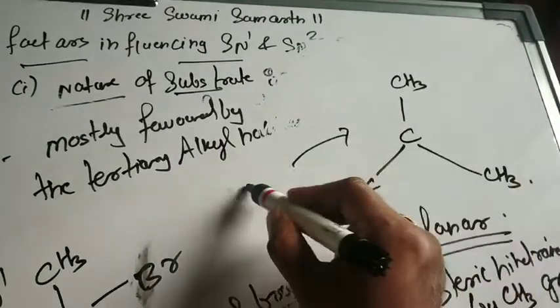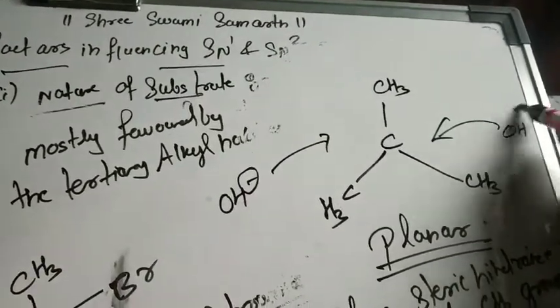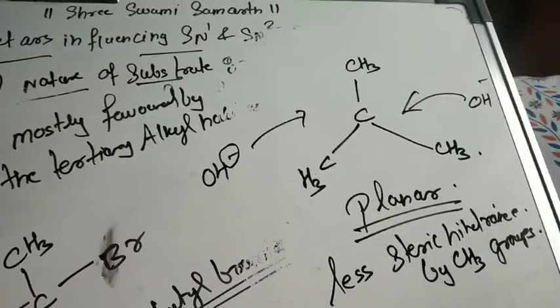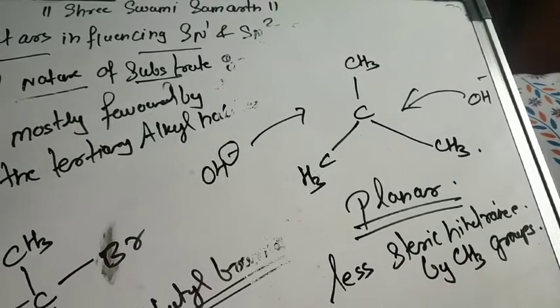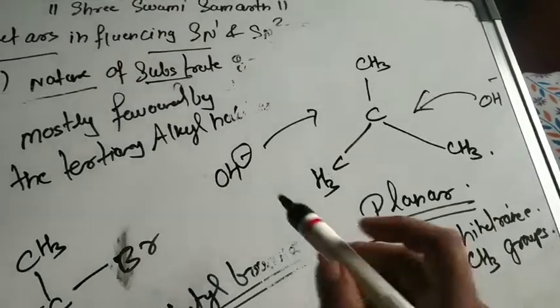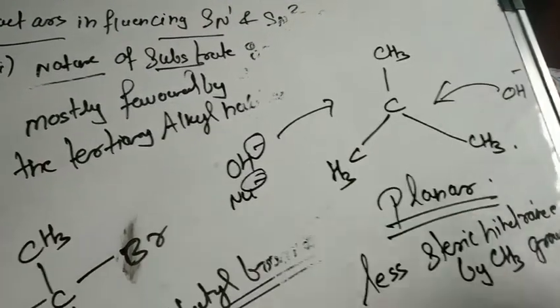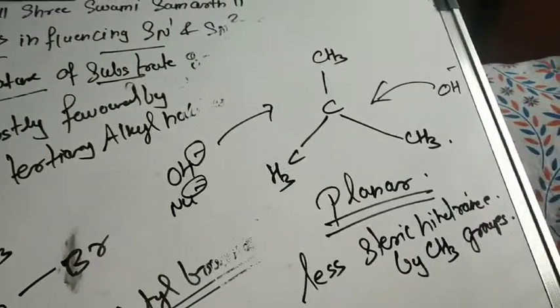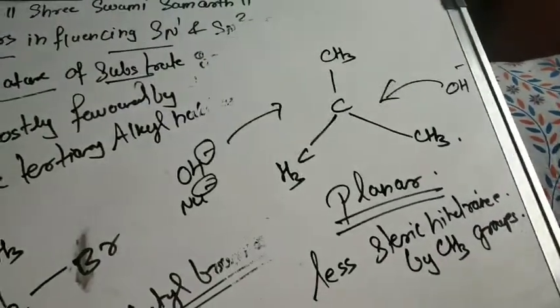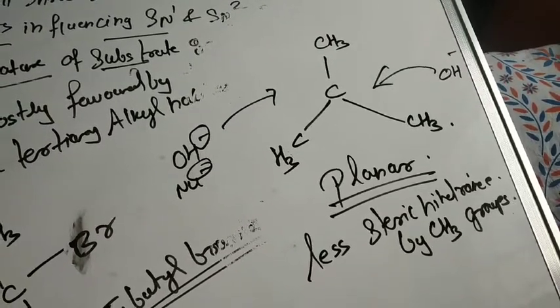See, the OH minus can attack from this side, and the OH minus can also attack from this side. We have seen that a racemic mixture is obtained in the case of the SN1 reaction, right? Where the OH minus nucleophile can attack from the back side as well as from the front side. So both attacks of the nucleophile are possible.